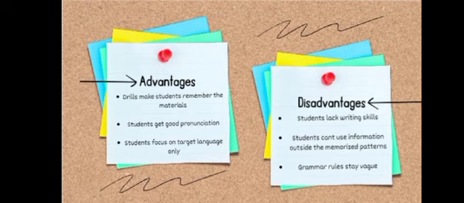One activity we can use to implement this method is dialogue memorization. The teacher provides students with a dialogue to repeat and memorize. After understanding the dialogue structure, the teacher will introduce new vocabulary for students to incorporate into the dialogue.